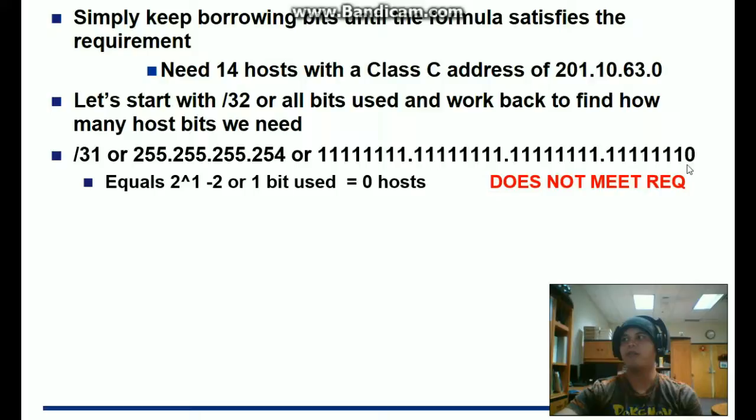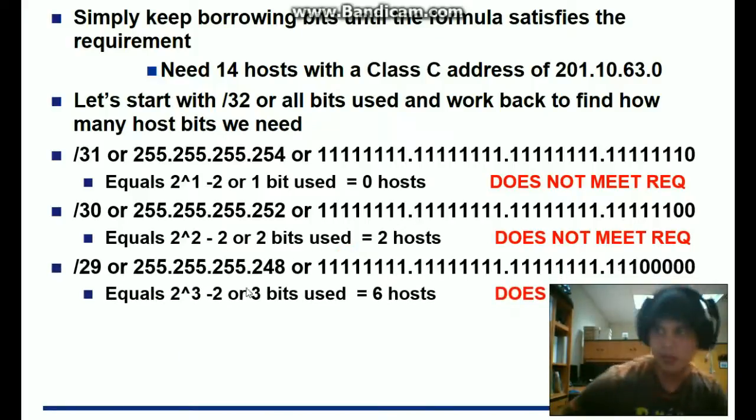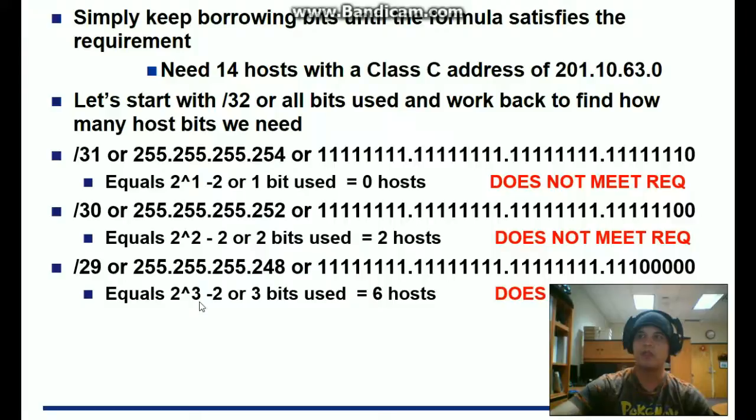So if we save one host bit, we apply it to our formula, 2 to the 1 minus 2, or 1 bit used, it gives us 0 hosts. We cannot use that. If we have a /30, notice 2 bits being saved here gives us 2 hosts. Does not meet our requirements. If we borrow 3 bits, we have 2 to the 3rd minus 2. 6 hosts doesn't meet.